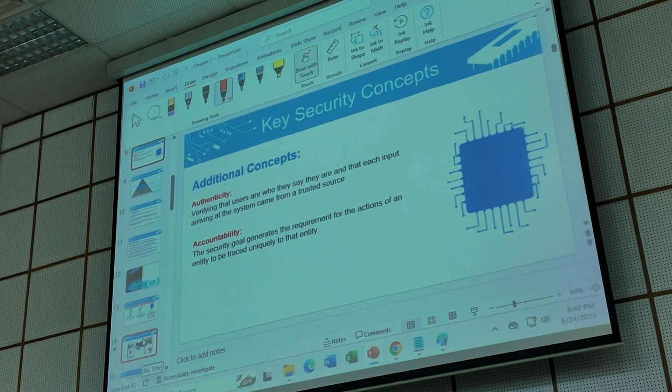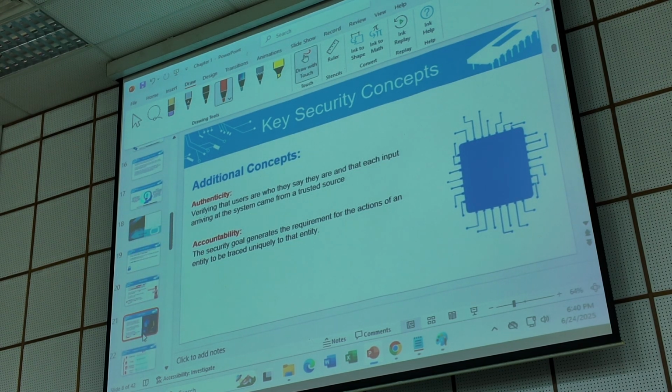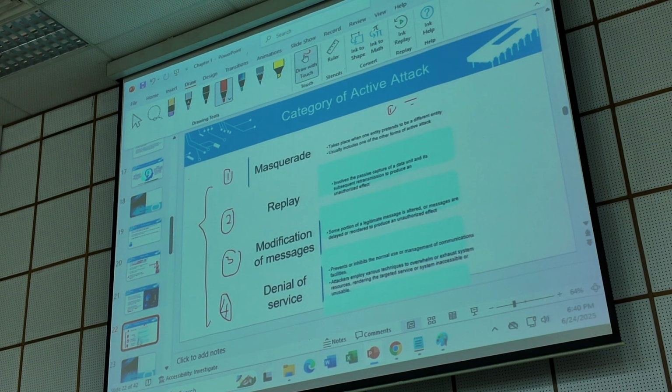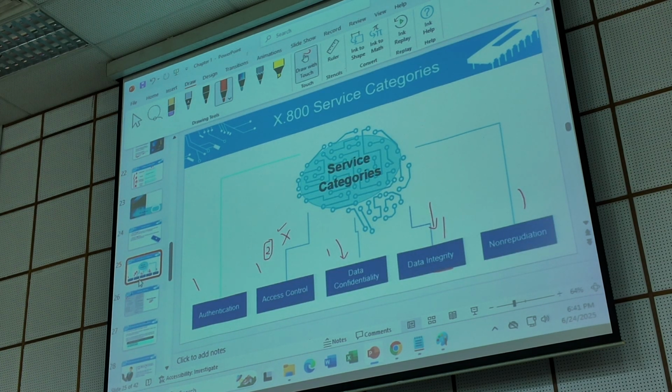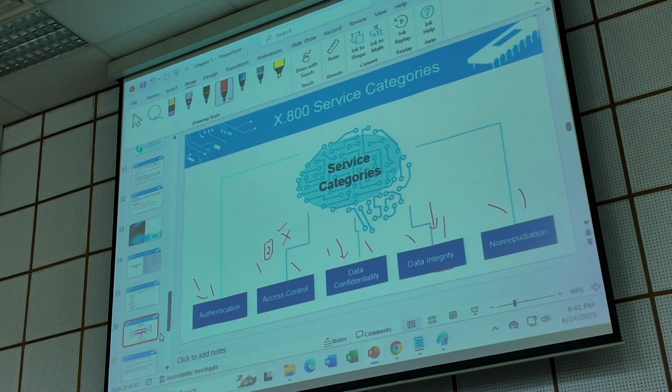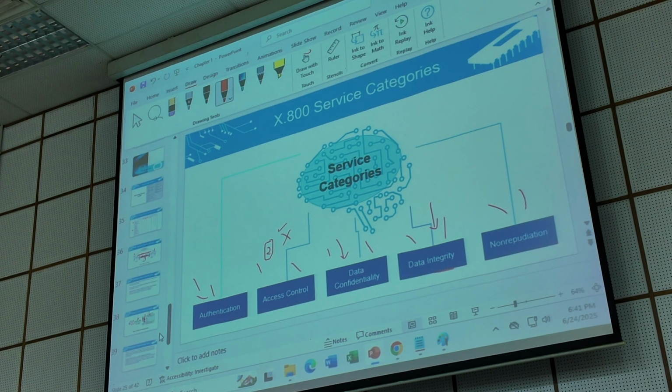And then the service category is classified into 5 types. You know what authentication, access control, data confidentiality, integrity, and non-repudiation are. So this is all for chapter 1.